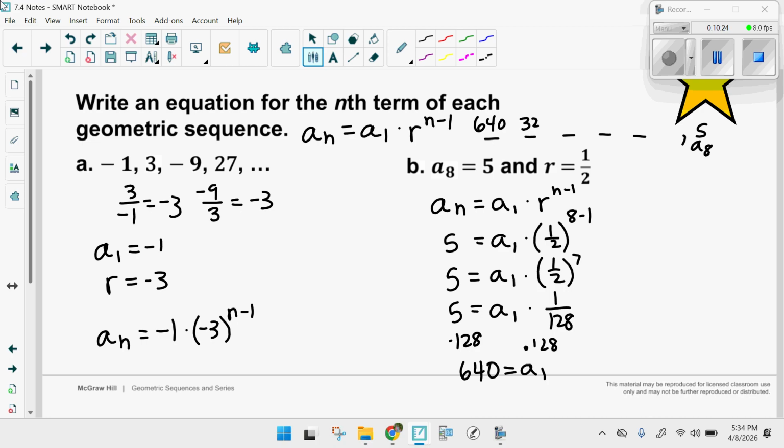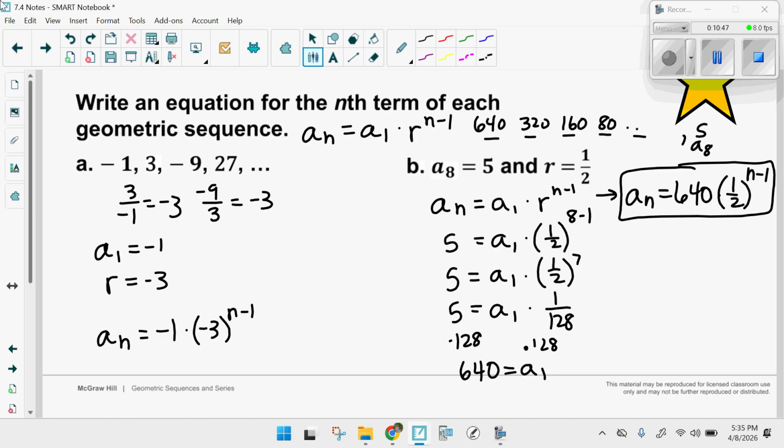So this first term is 640, and then 320, and then 160, 80, and so on until I get to that 5. Then writing that as the explicit form, I could have a sub n is equal to 640 times 1/2 raised to the n minus 1. So there would be an explicit form to represent that sequence.